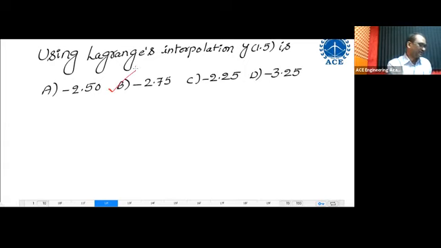Option B is the right answer. Try yourself. Option B is the right answer. Next.